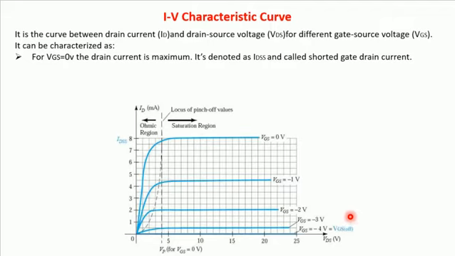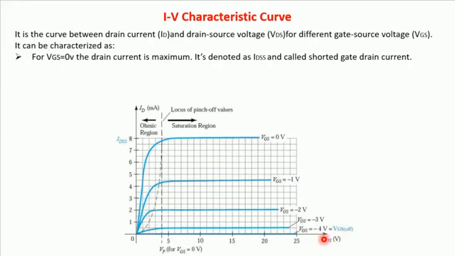So the first thing we are discussing is that if we want to operate the JFET in the cutoff region, that means as an open switch condition, then the gate to source voltage VGS, which can also be called the gate cutoff voltage, will be 0, and the JFET will be inactive.